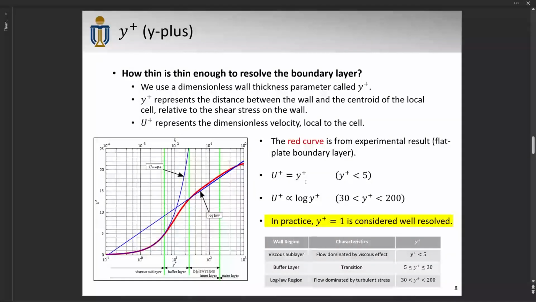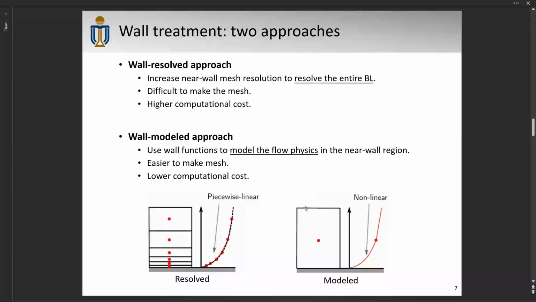We also introduce another dimensionless parameter called u plus, and this is a dimensionless velocity of that cell. So instead of using simple y, the actual distance, and the actual velocity in that cell, you are using non-dimensional versions of them called y plus that represents the height, and u plus that represents the velocity inside that cell.